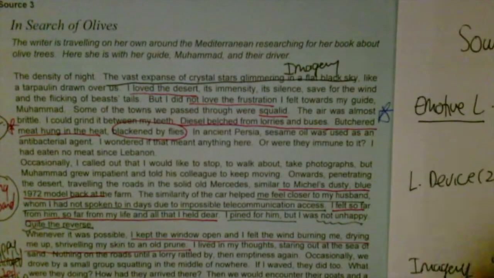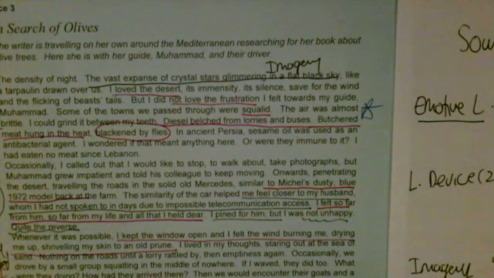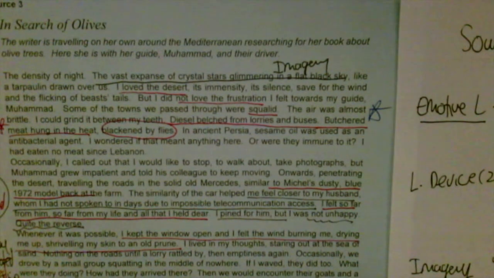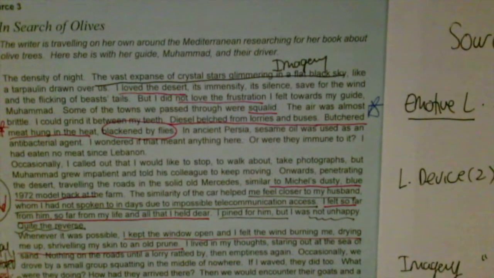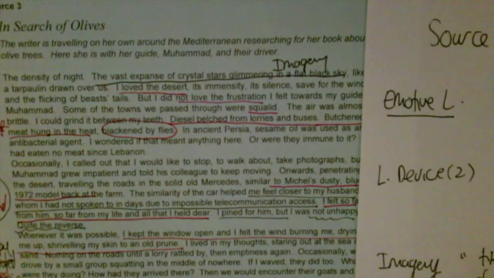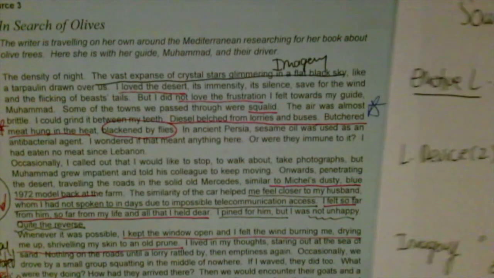Let's keep going. Diesel belched from lorries and buses. Butchered meat hung in the heat, blackened by flies. In ancient Persia, sesame seed was used as an antibacterial agent. I wondered if it meant anything here, or were they immune to it? I'd eaten no meat since Lebanon. I can see the contrast between the beauty of the night, the beauty of the desert, and the disgusting diesel and meat.